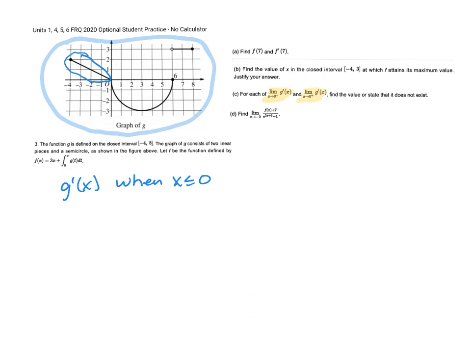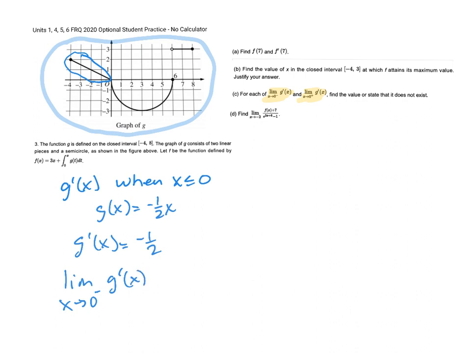And let me just note here that g of x is just negative 1/2 x, right? It has a y-intercept of 0. So g prime is just negative 1/2. So the limit as x approaches 0 from the left side of g prime of x is just negative 1/2. We can figure that one out pretty quickly. So I'm okay on the left side. I check that one off. I get negative 1/2. Now, let's talk about the right side.